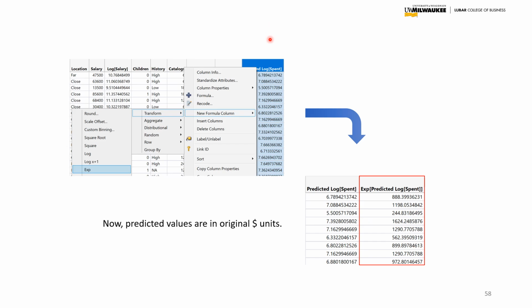Here you can see I'm doing it on the predicted values by highlighting, new formula column, transform, exponentiation, and here are the predictions in original dollars. You would do the same thing on the lower and upper prediction limits.